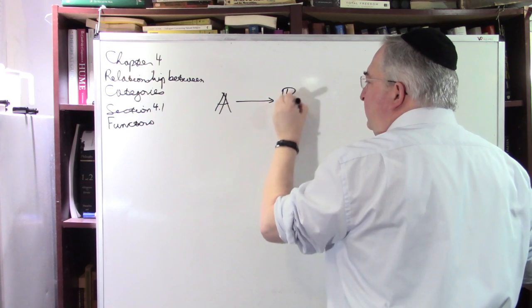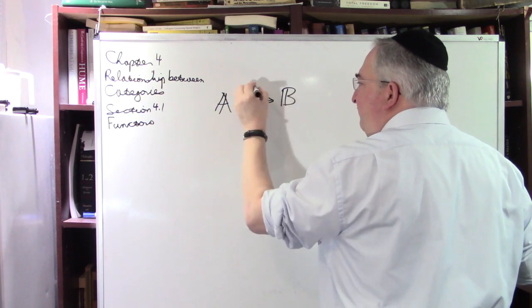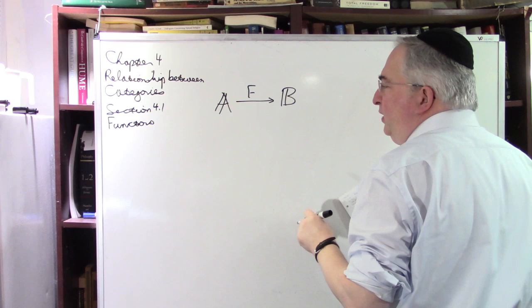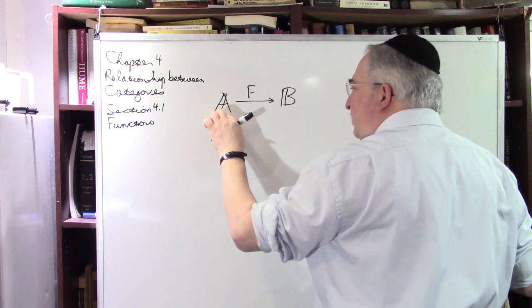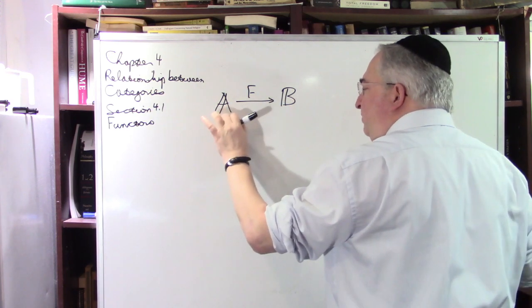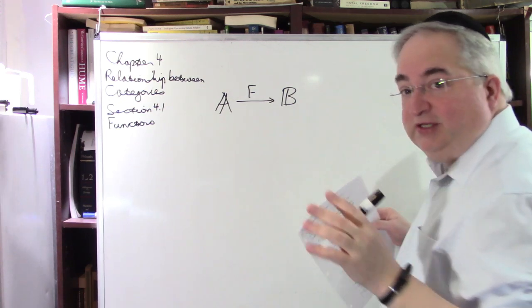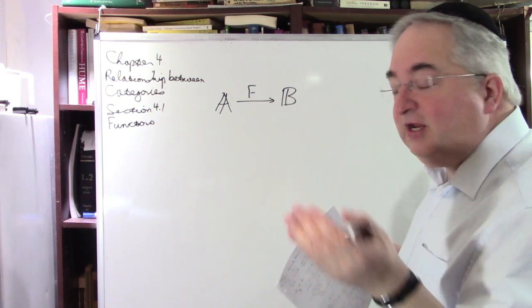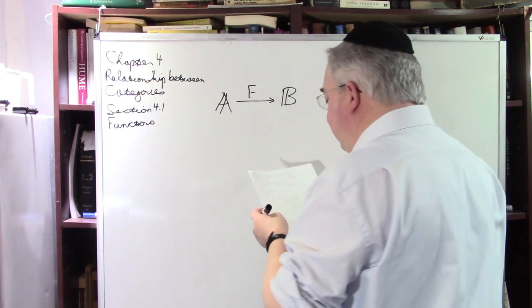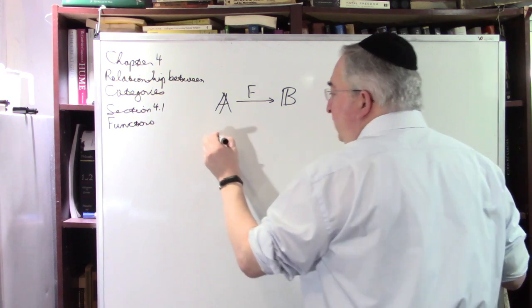Given a category A and a category B, a functor is a rule that assigns to every object here an object here, and every morphism here a morphism here. So it's different than sets. Sets only have objects. Here we're going to have morphisms too. Let's just say it.